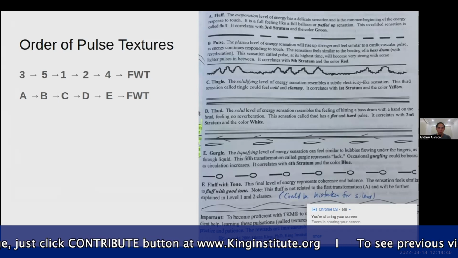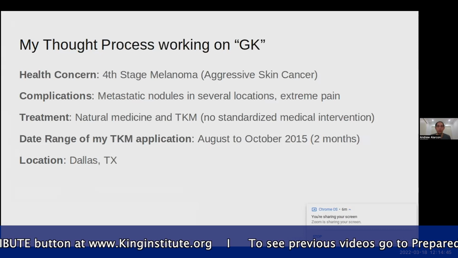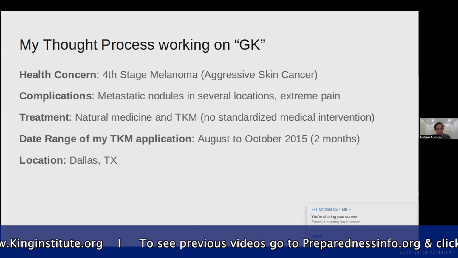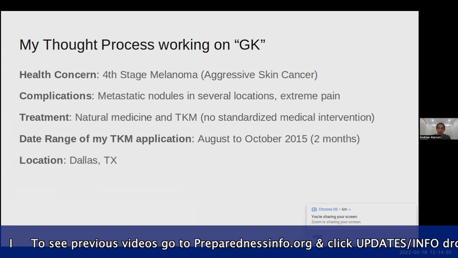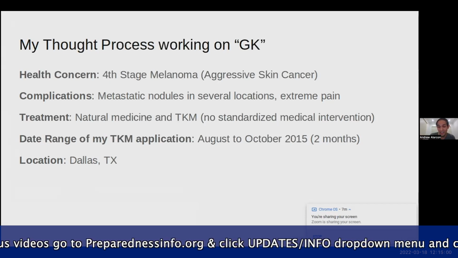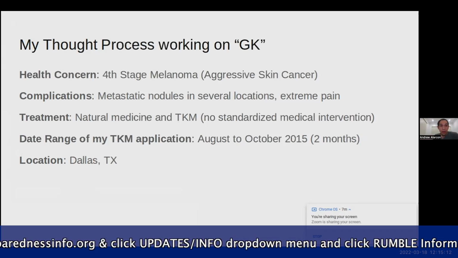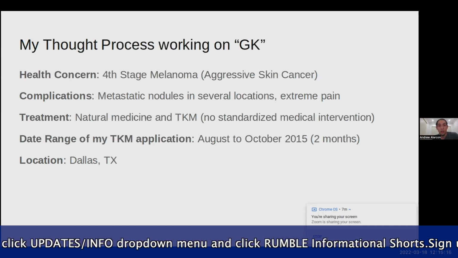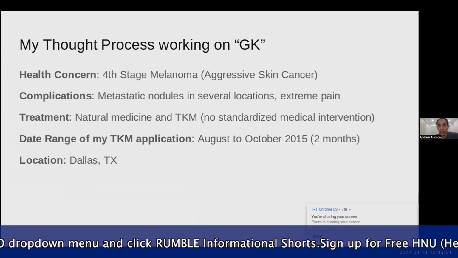So now moving on, I wanted to share with you my experience working on a client. I asked this person's permission if I could use their example. I can't name names. All I can say is this person's initials are GK. A lot of people knew back then, and this was back in 2015, that his health concern was fourth stage melanoma, which is aggressive skin cancer.